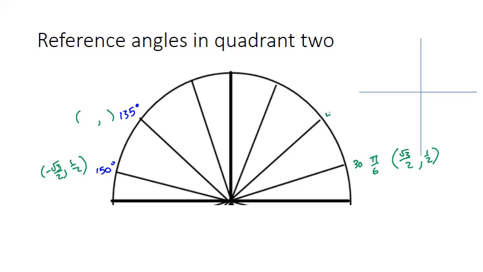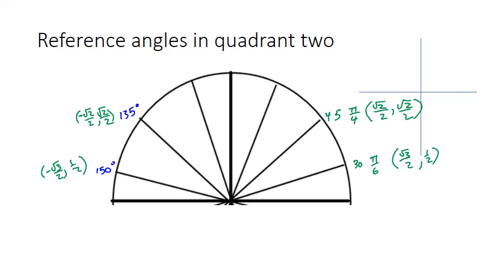At 45 degrees, or pi over 4, we know from the previous video that we got radical 2 over 2 and radical 2 over 2. So for our reference angle in quadrant 2, the only difference is the x value should be negative. So it should be negative radical 2 over 2 and radical 2 over 2.